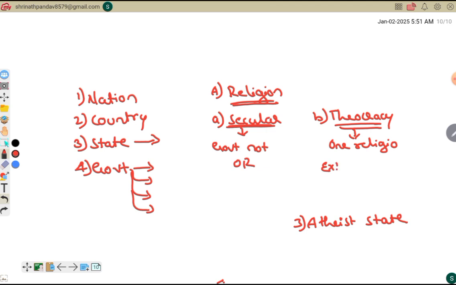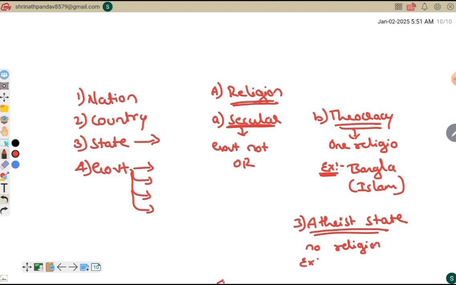Example, Bangladesh, that is, they believe in Islam. In an atheist state, there is no belief in religion itself. Example, North Korea.